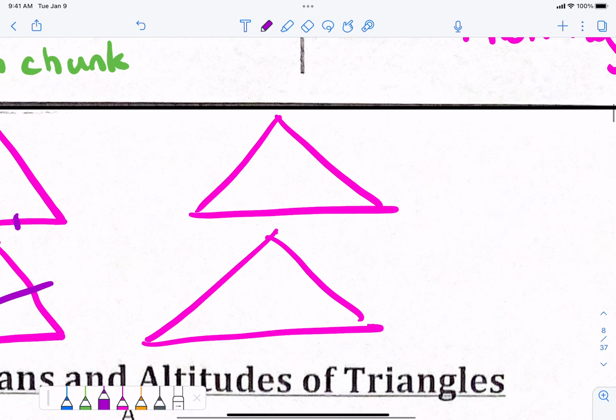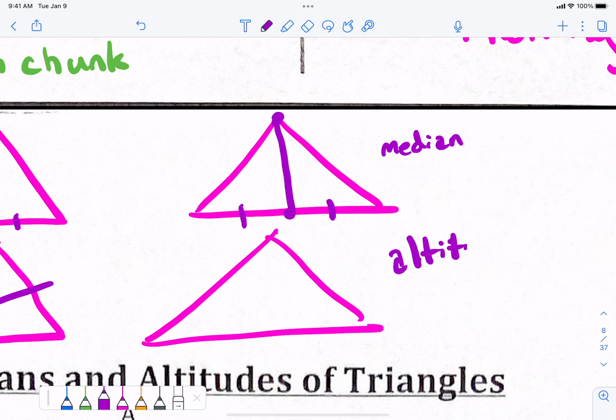The next one that we did was a median, okay? Median is the vertex to the midpoint, so vertex to the middle, I'm going to say is about right there, and you have to make your markings so that I know that that's the middle. So you have to draw one median, not all 3. You don't have to draw and label the centroid. And then the last one was an altitude. On the test, I'll give you a triangle, and I'll say, draw me an altitude, and you'll start there, and you'll go straight down.